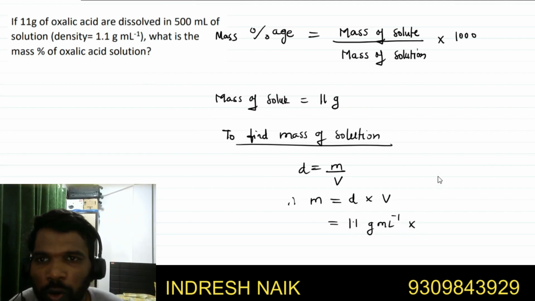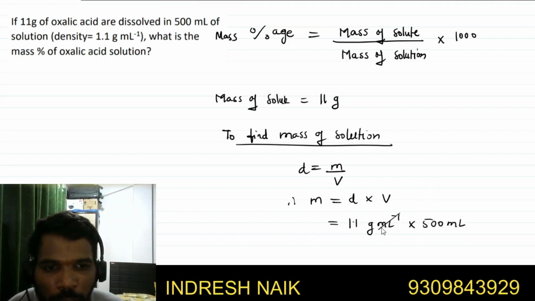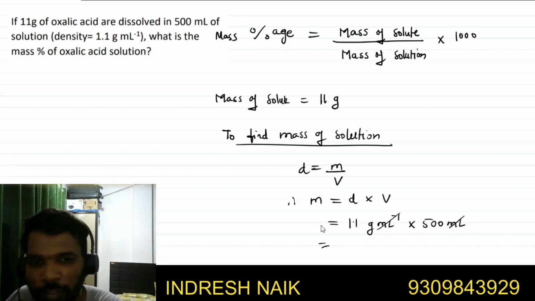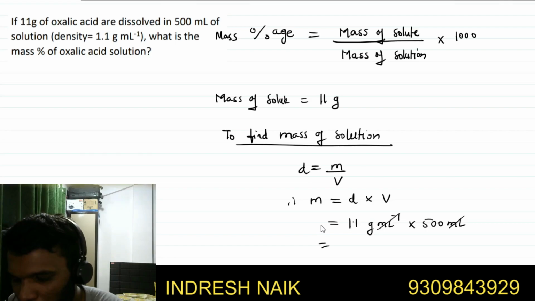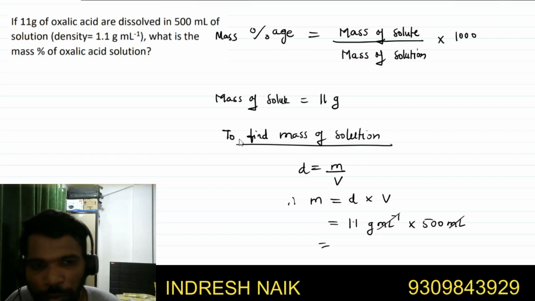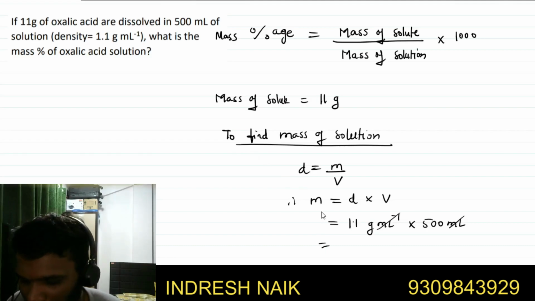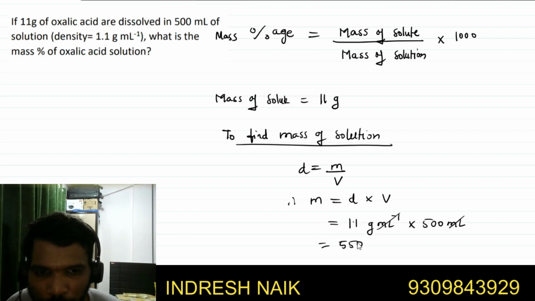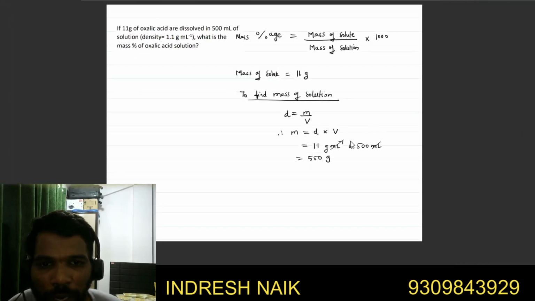I'll just write the unit also, and this is 500 ml. So this ml and ml will get cancelled. So what remains is just 500. So 500 into 1.1 is 550, right? So 550 gram.